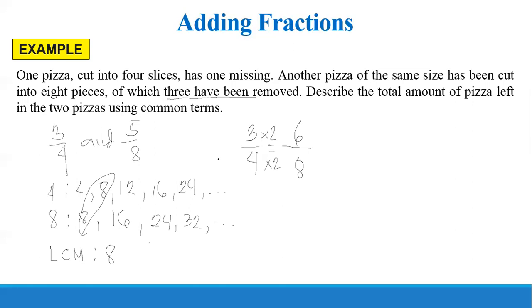How about the other fraction? Do we need to multiply this one? So, we don't need to rewrite, okay? We don't need to rewrite 5/8 since it already has the common denominator, which is 8. Okay, so both 6/8 and 5/8 have the same denominator.